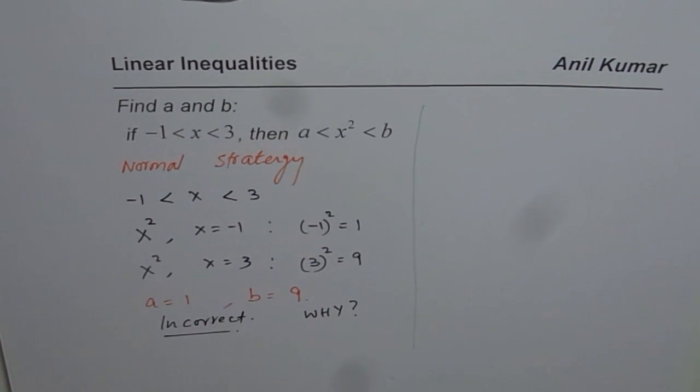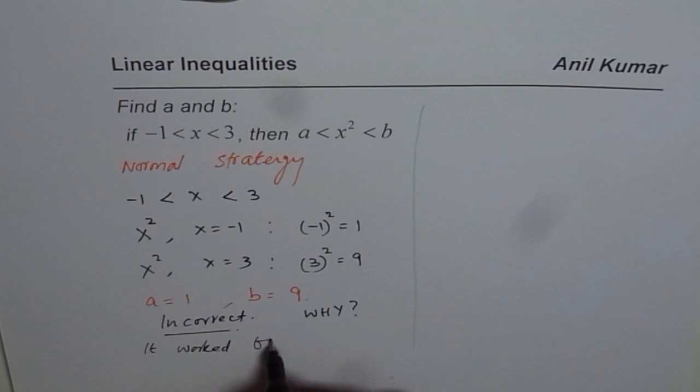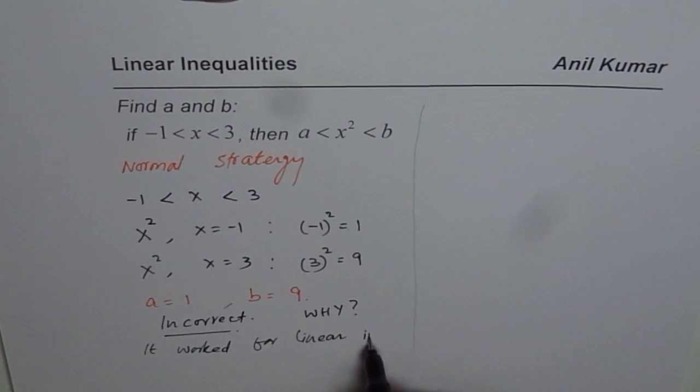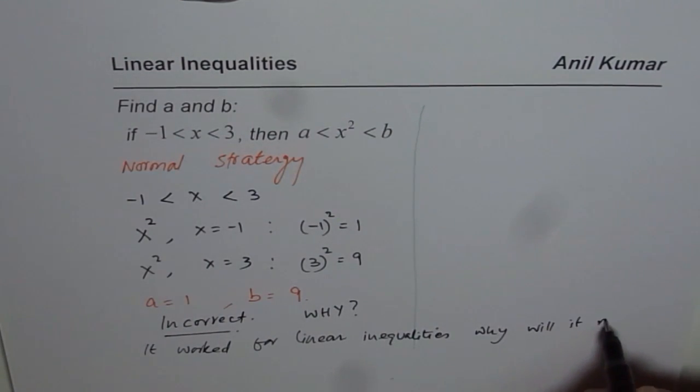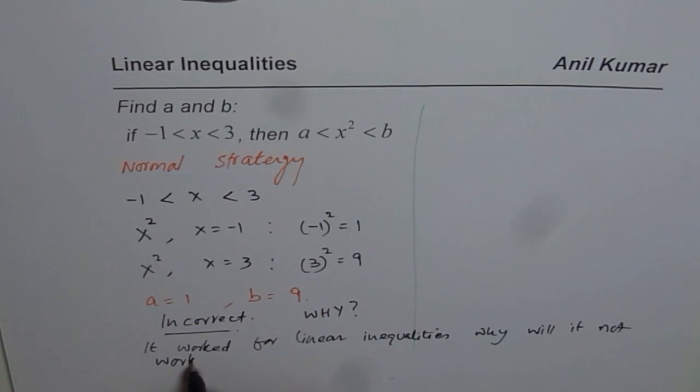You could ask a question that this strategy worked for linear inequalities. It worked for linear inequalities. Why will it not work in this case? Now that could be another way of writing the same question.